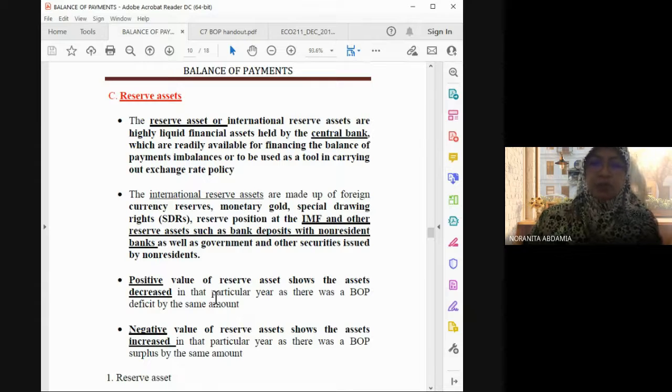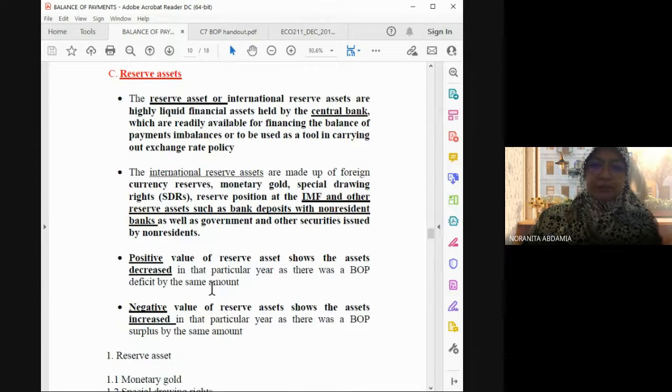Right? So what's actually the figures mean? Positive value of the reserve asset shows that asset decrease in that particular year, where BOP deficit by the same amount. Nampak tak? Dia positif. Figurnya positif.